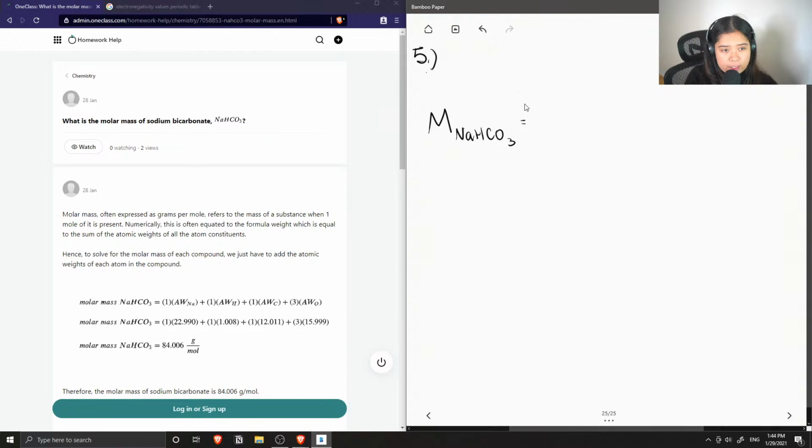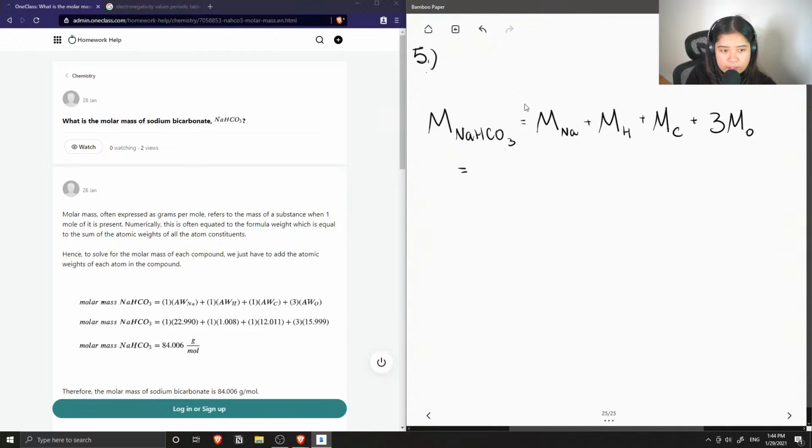The molar mass of this compound is going to be the molar mass of sodium plus the molar mass of hydrogen plus the molar mass of carbon plus 3 times the molar mass of oxygen, since we have 3 oxygen atoms in this compound.